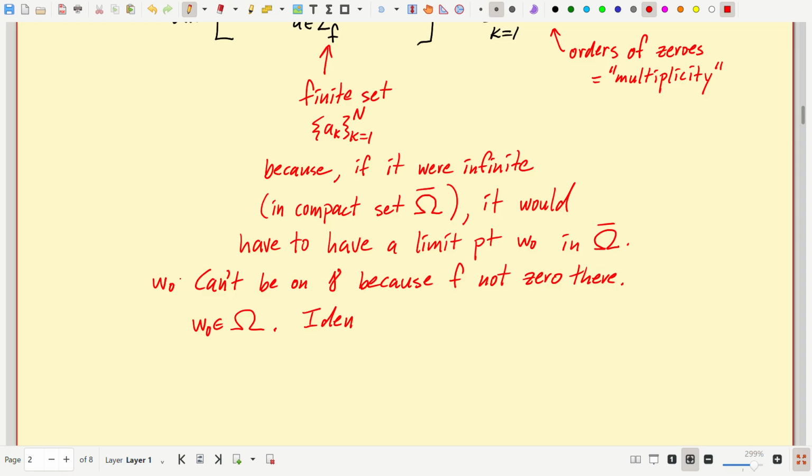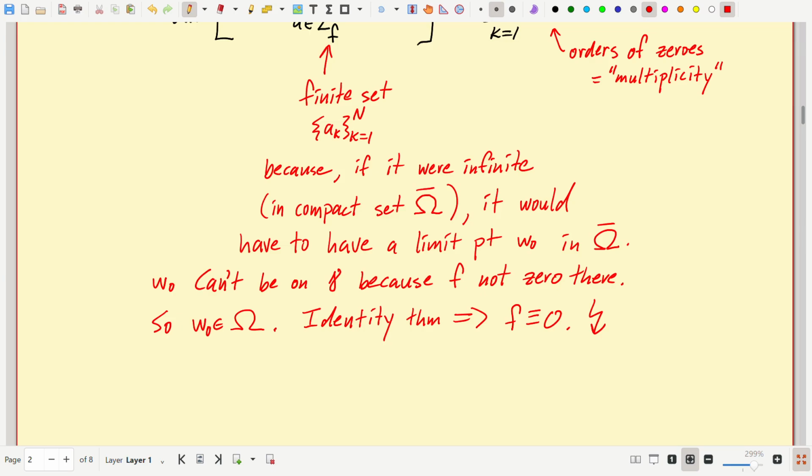If there was a limit point on gamma, you'd use continuity to see that f would have to be 0 there, and it's not. So w naught is inside omega, and then the identity theorem would imply that f is identically 0. And in particular, we were assuming that f wasn't 0 on the boundary, so that can't be true. So that's the contradiction.